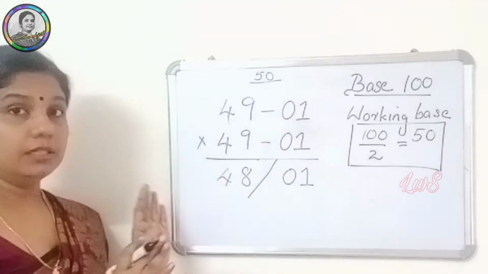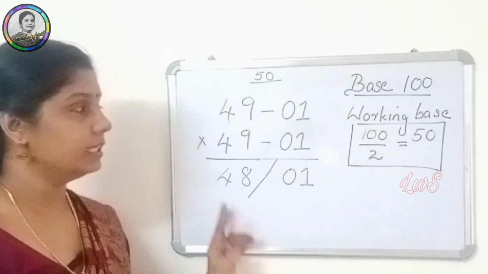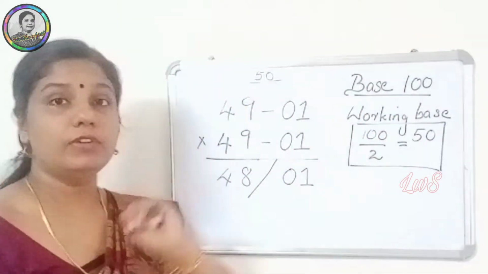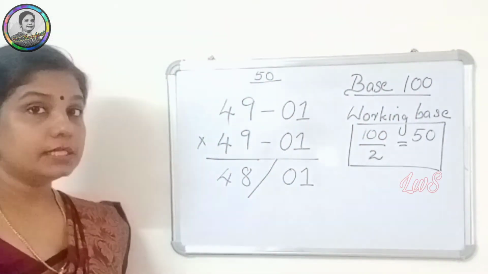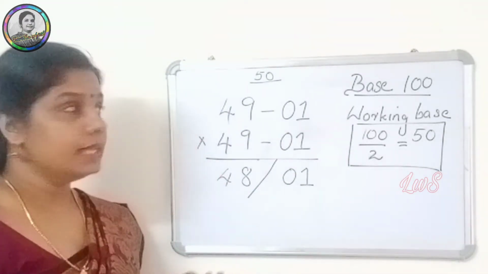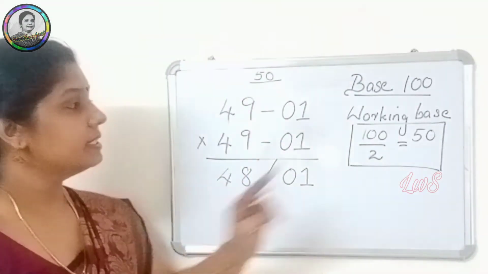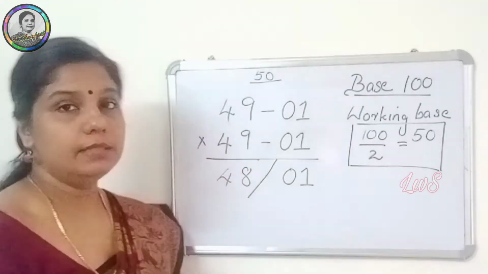This is the method we use for Nikhilam multiplication when we use 100 as the base. But in this case, which is the base? It is 50, which is 100 divided by 2.